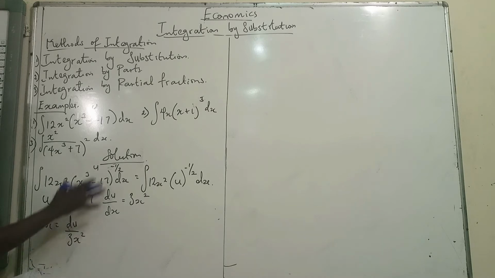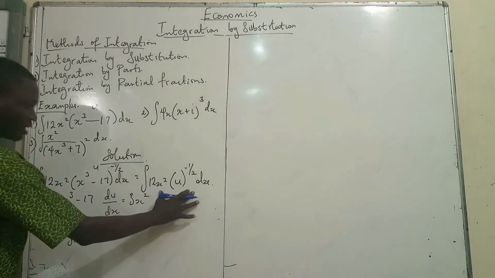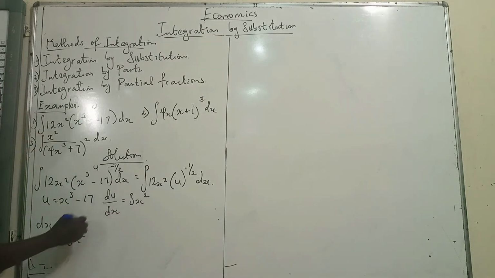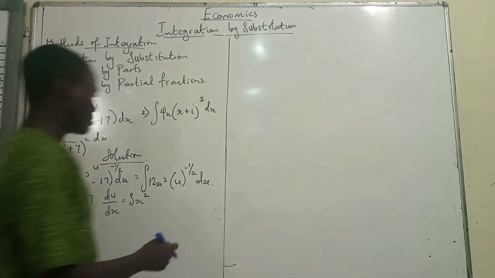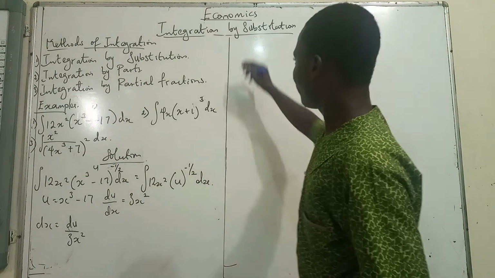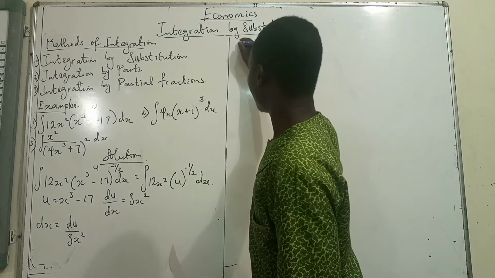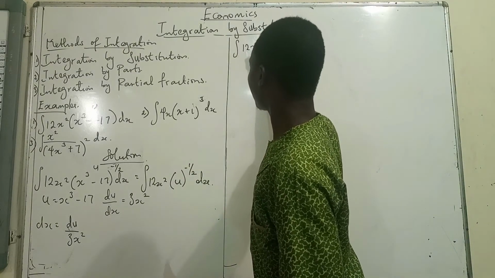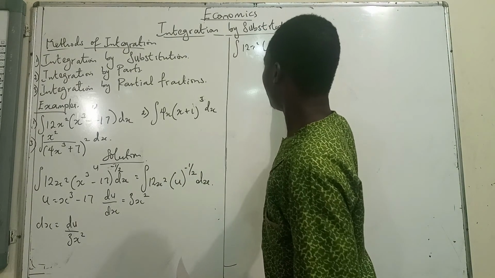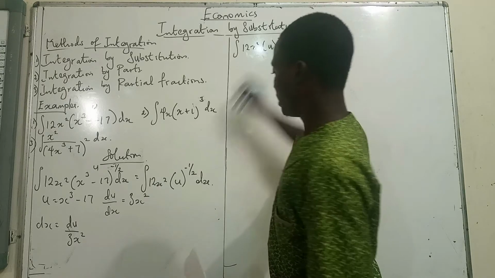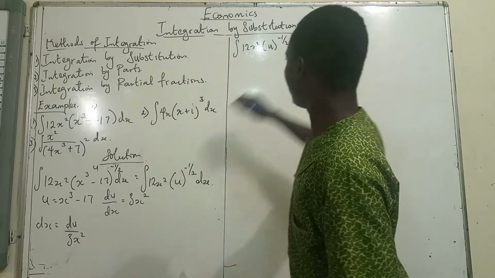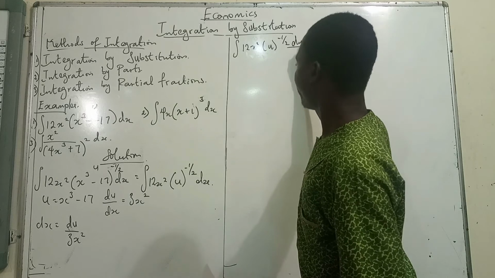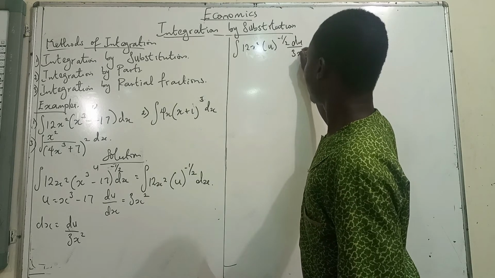So we substitute this into what we already have; that's where the substitution comes in. We have the integral of 12x squared, u raised to power minus half, and then instead of writing dx, we write du divided by 3x squared.